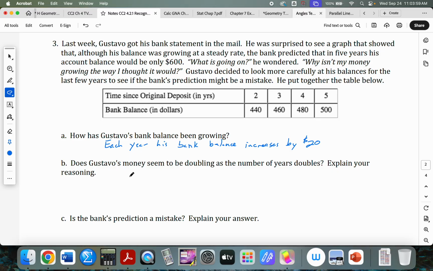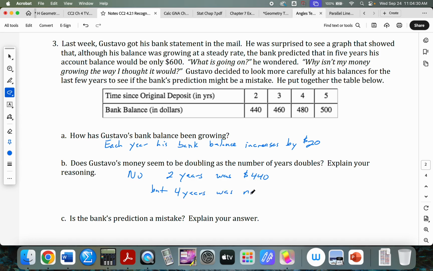So, does Gustavo's money seem to be doubling as the number of years doubles? No. Two years was $440. But 4 years was not.